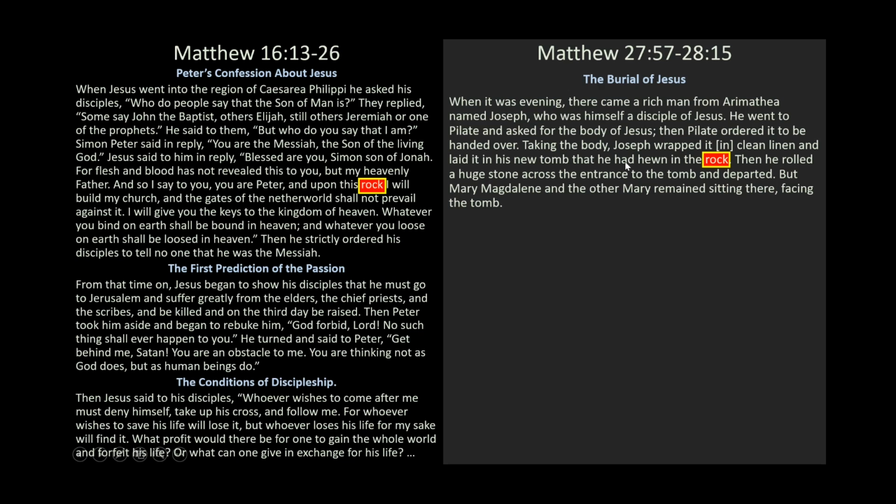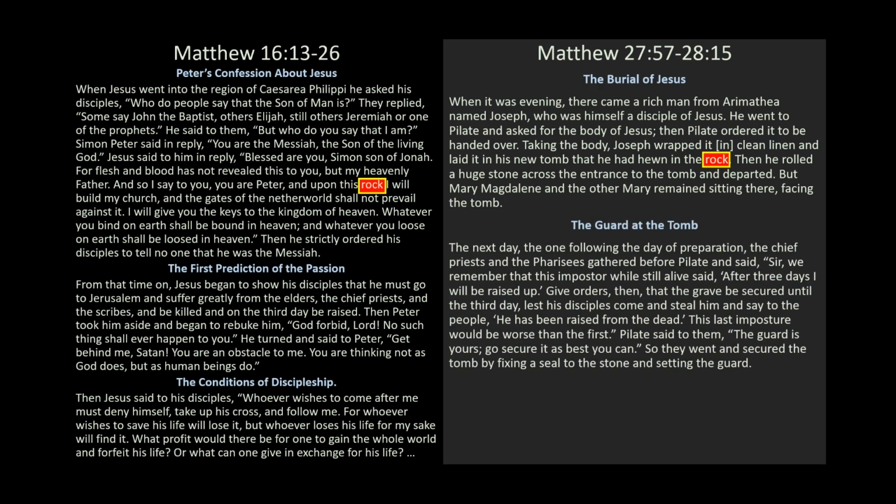So let's go forward. The guard at the tomb. The next passage. Now this does not exist in the other Gospels, this part of having a guard at the tomb. Let's hear. The next day, the one following the day of preparation, the chief priests and the Pharisees gathered before Pilate and said, "Sir, we remember that this impostor, while still alive, said, 'After 3 days I will be raised up.'